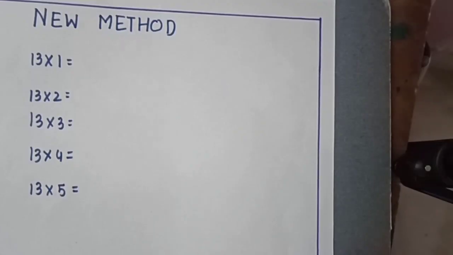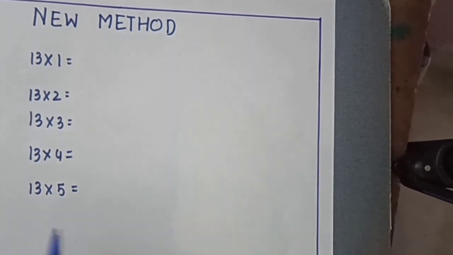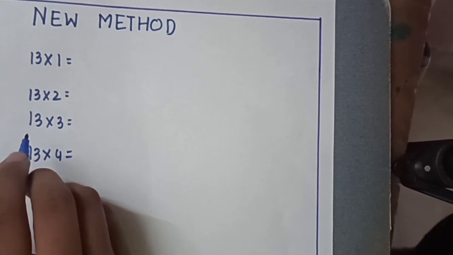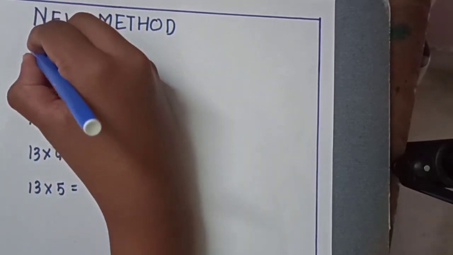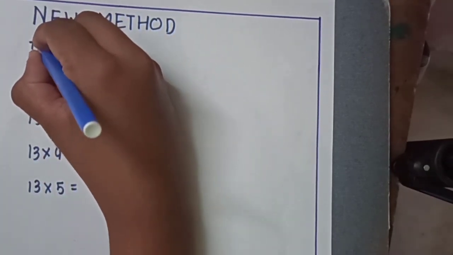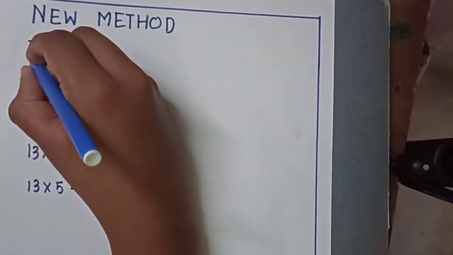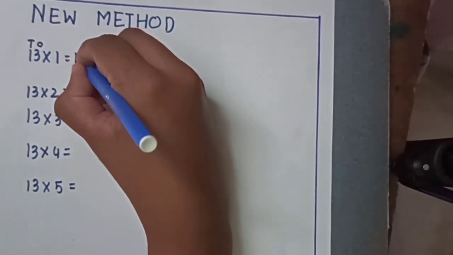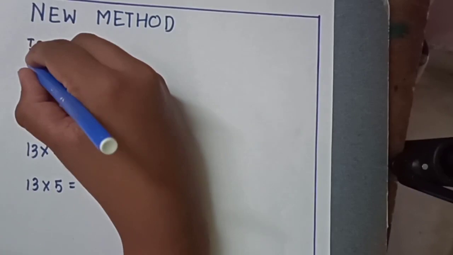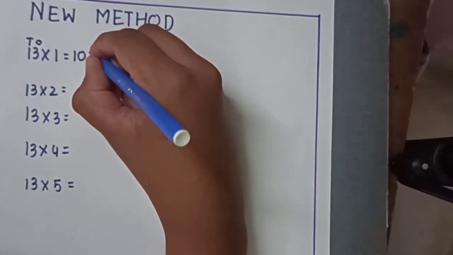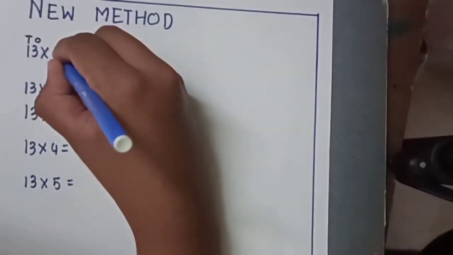Now friends, I am going to tell you about the new method I was talking about earlier. First one, 13 into 1. The 1 is in the tens place and the 3 is in the ones place. So we have to write 1 as 10. So 10 into 1 plus 3 into 1.